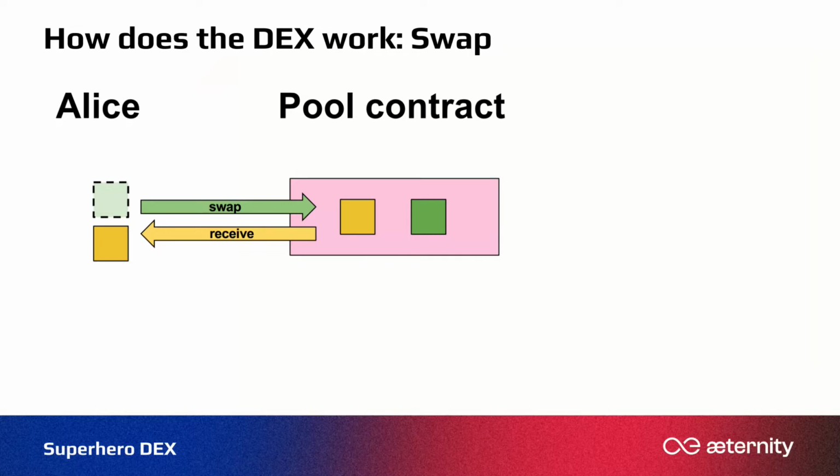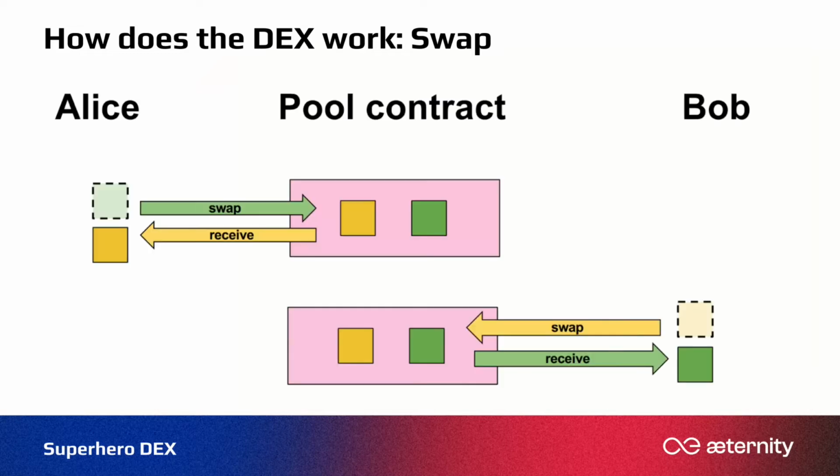And when Alice wants to do a swap, she will send some green tokens to the contract, and she will receive some yellow tokens as a payment or compensation, basically. And the same is obviously possible in reverse. So if Bob would send some yellow tokens, he would receive some green tokens.